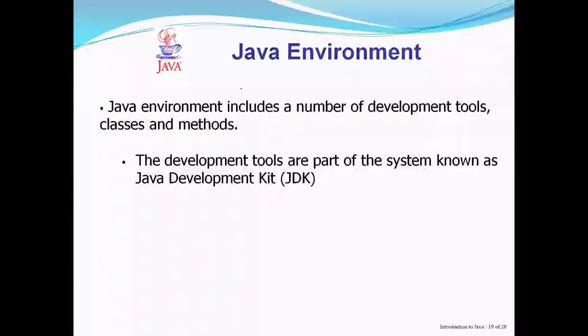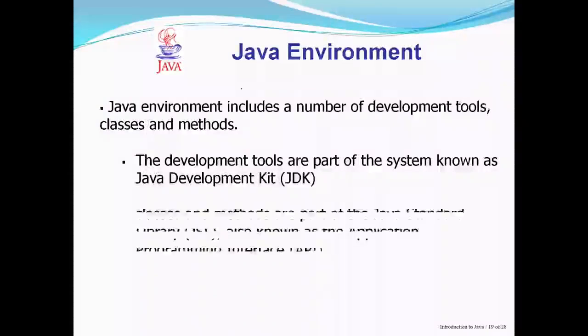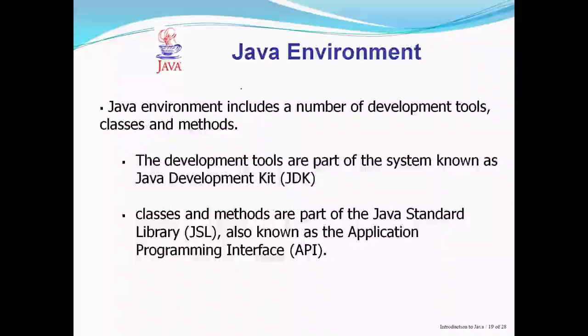The development tools are part of the system known as Java Development Kit, whereas classes and methods are part of the Java Standard Library, which is in short called as JSL, also known as Application Programming Interfaces, that is API. So Java environment generally includes JDK and APIs.